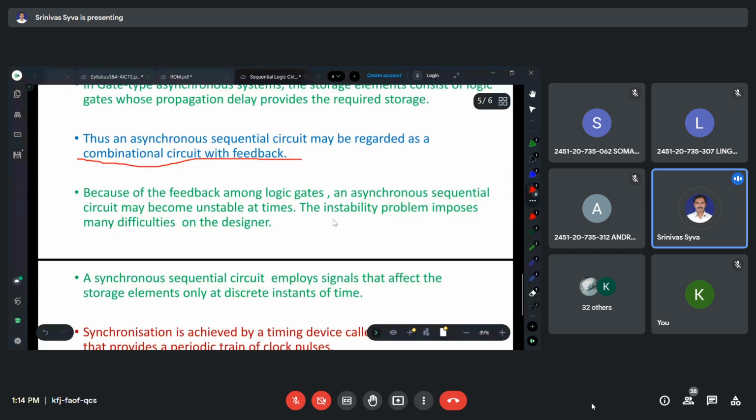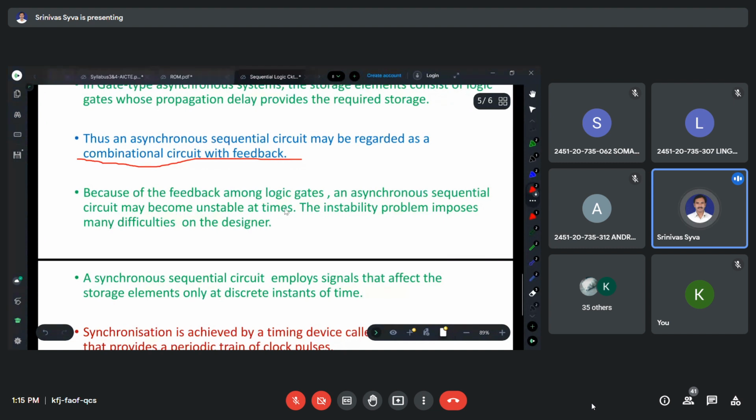This is called the instability problem. This creates a lot of difficulty for the designer. It is very difficult to design asynchronous sequential circuits, whereas in synchronous sequential circuits there is no instability problem, so they will not face any difficulties during operation.